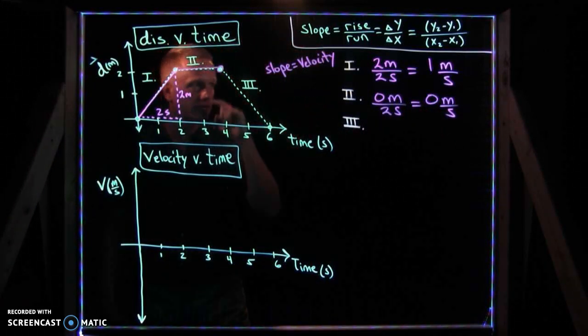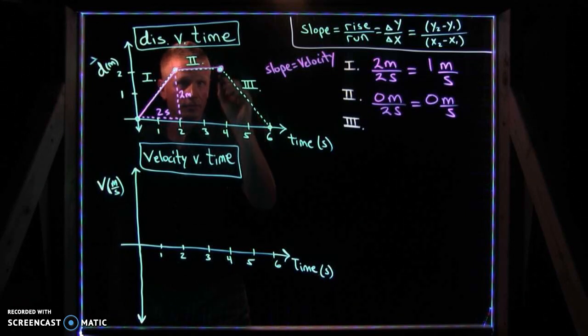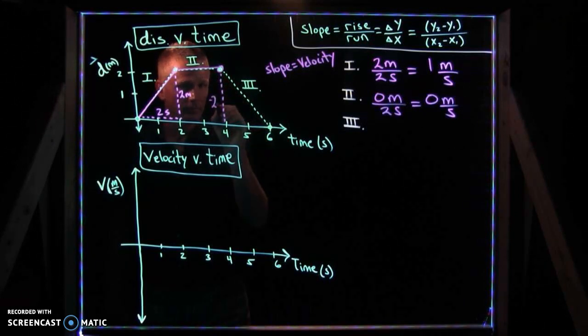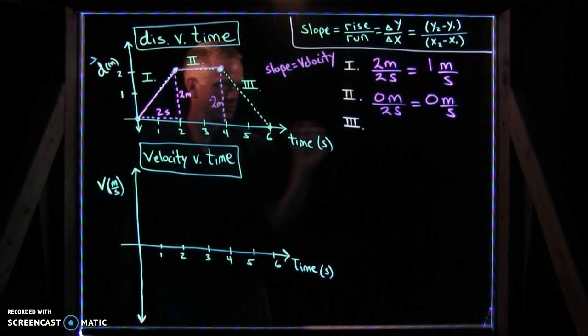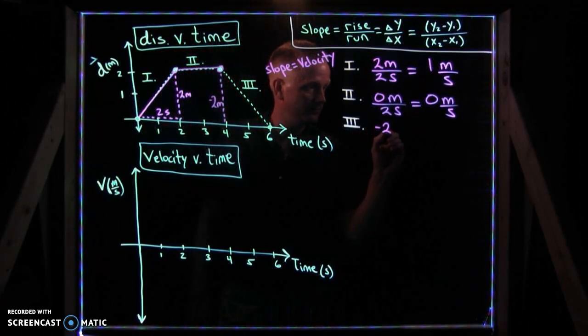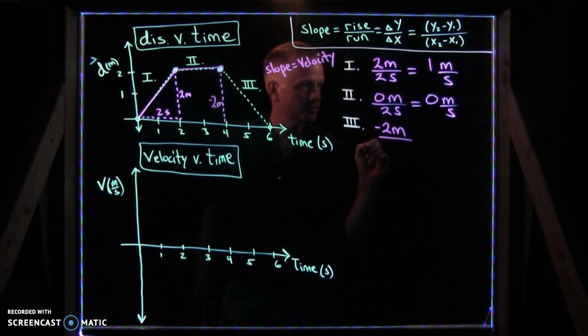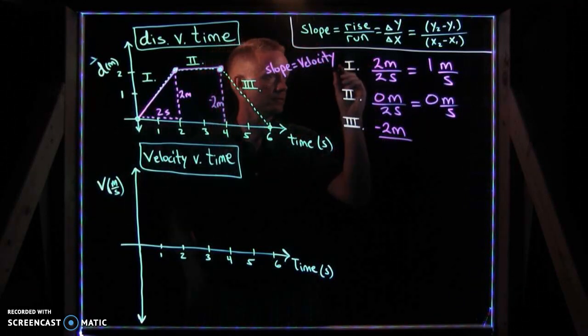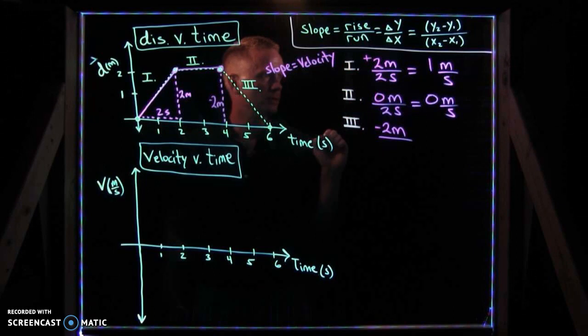And finally, in the third segment, you start at the 2 meter position, but you end back at the 0 meter position. So you have fallen 2 meters over 2 seconds. So again, your displacement includes direction. So it can be a negative 2 meters backwards compared to in the first segment you traveled positive 2 meters forward.